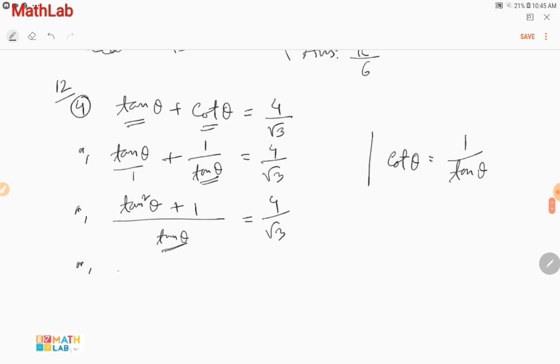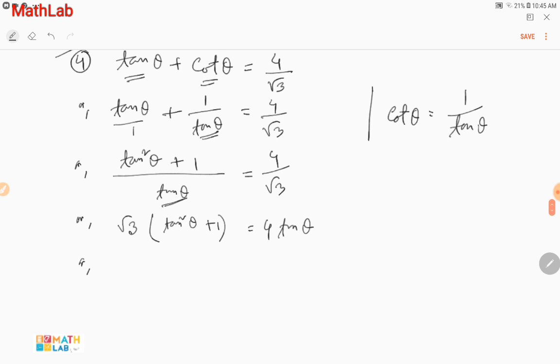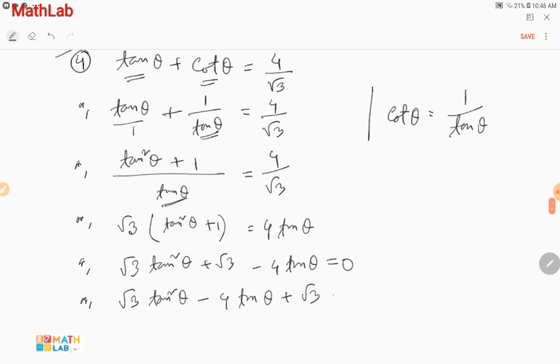Then we have to do cross multiplication, that is root 3 into (tan square theta plus 1) equals to 4 tan theta. Okay, then we have to remove this bracket, that will be root 3 tan square theta plus root 3 minus 4 tan theta equal 0. Then rearrange this equation: root 3 tan square theta minus 4 tan theta plus root 3 equals 0.